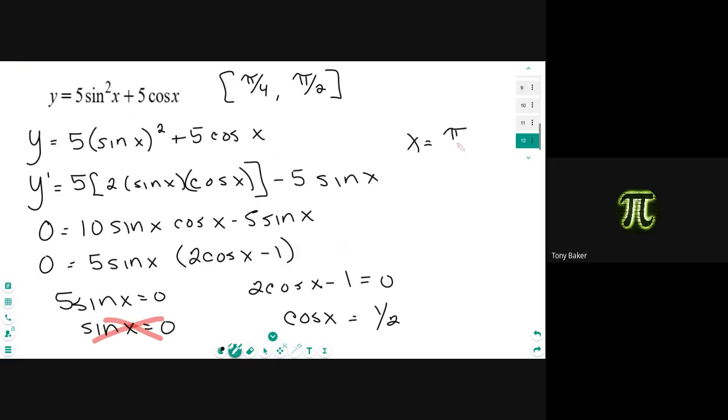Right, pi over 3. Any questions with that? This is where that remembering of the unit circle is going to help.